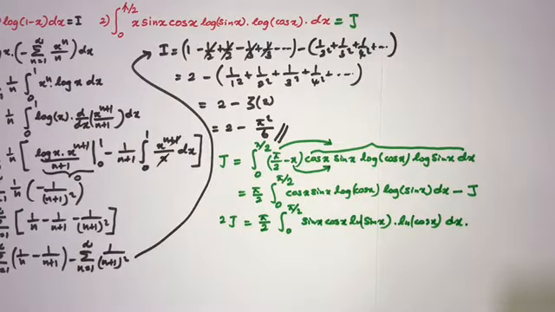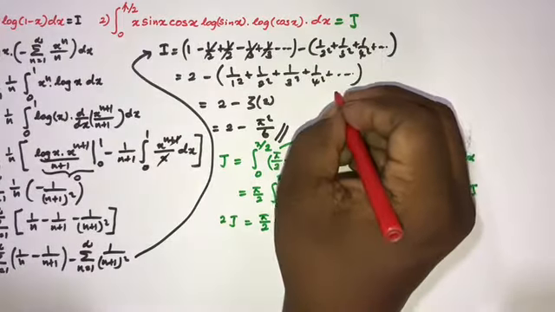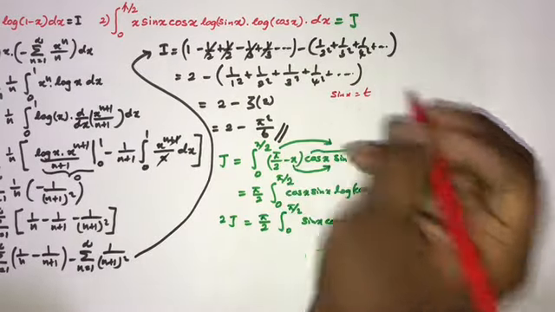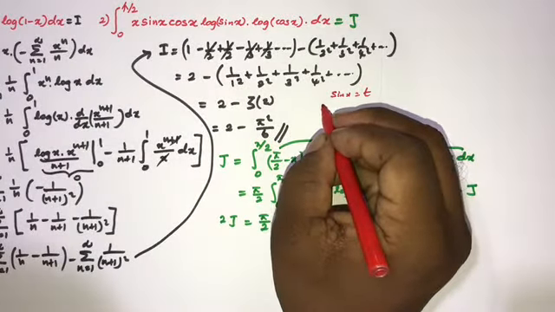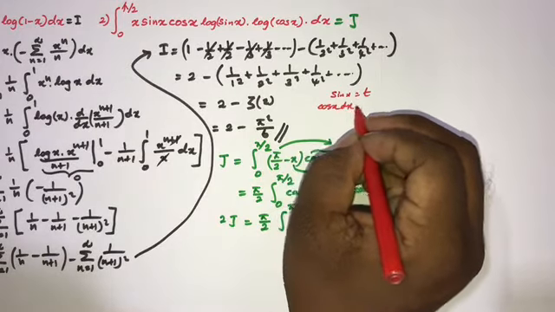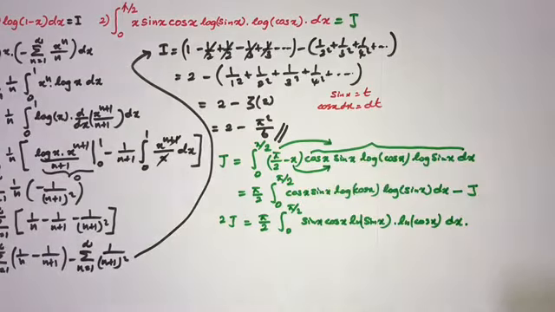Well, now I'm going to take a substitution. So if we take sine of x equal to t, then differentiate, so cosine of x dx is equal to dt, then we can plug in here.